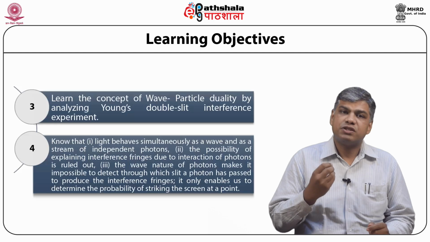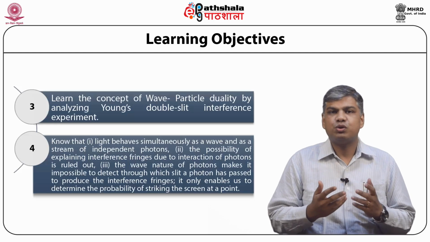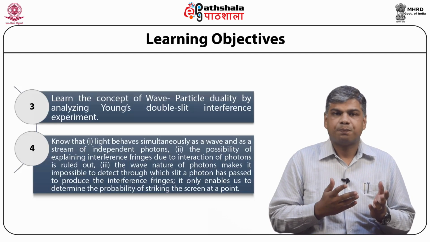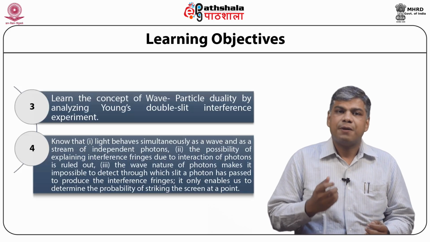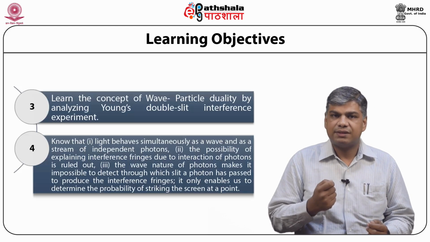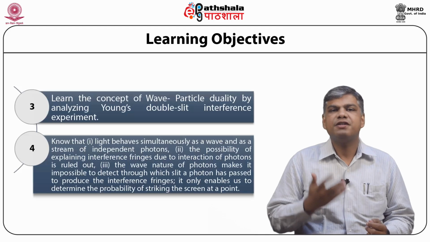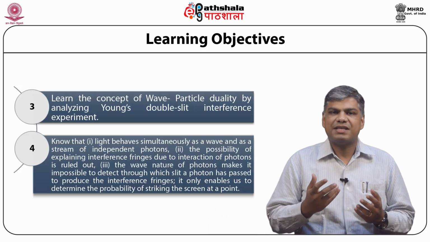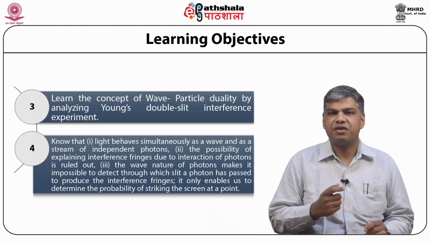Secondly, the possibility of explaining interference fringes due to interaction of photons is ruled out. And thirdly, the wave nature of photons makes it impossible to detect through which slit a photon has passed to produce the interference fringes. It is only to enable us to determine the probability of striking the screen at a point.